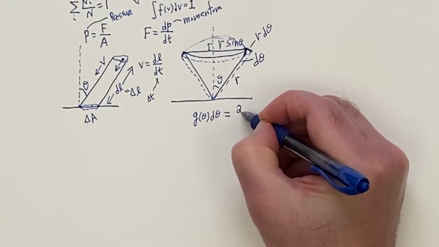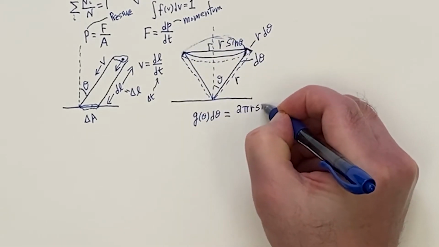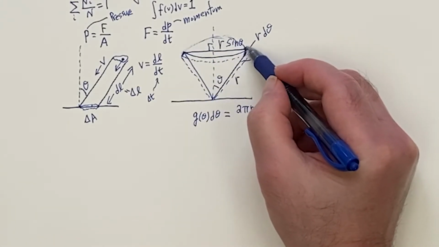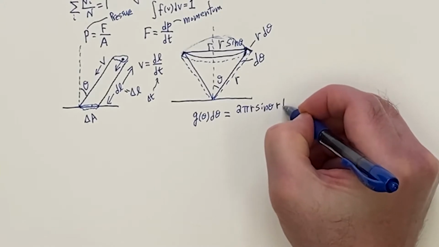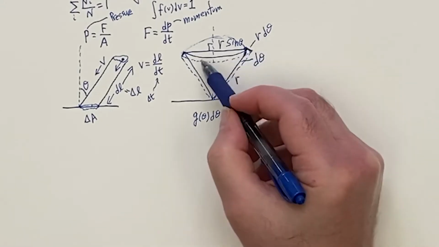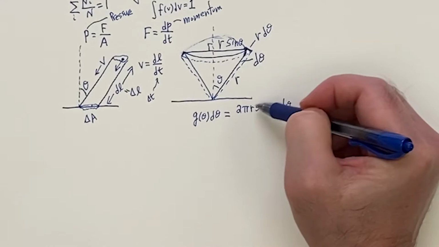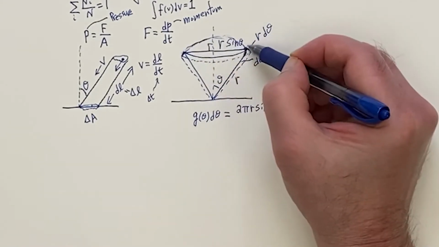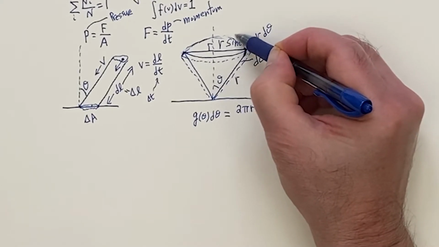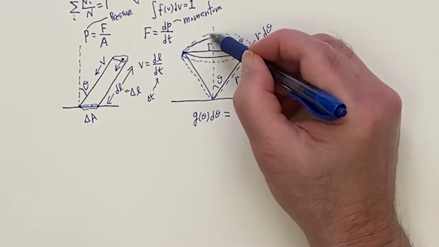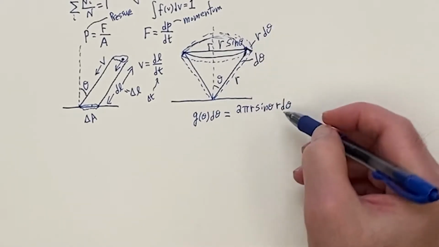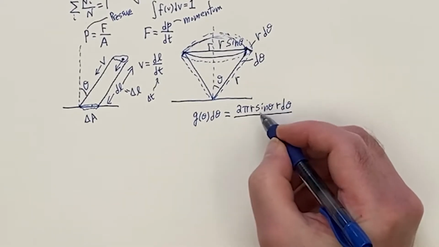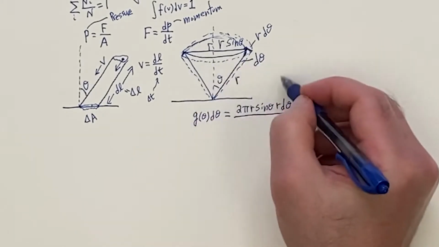So it's 2 pi r sine of theta to get me around, and then I take a little r d theta. 2 pi r sine theta is my circumference, and then if I take a little thickness there, I have the area of my ribbon, and I need to divide by, for the probability, the whole dome.